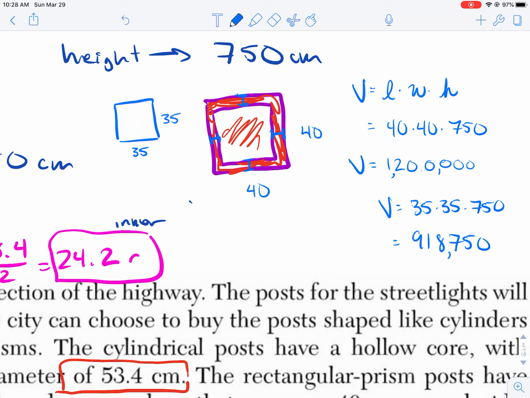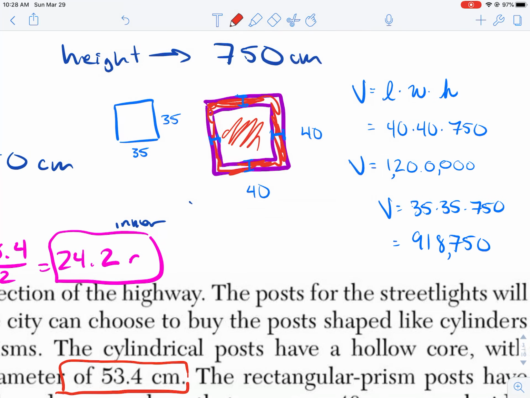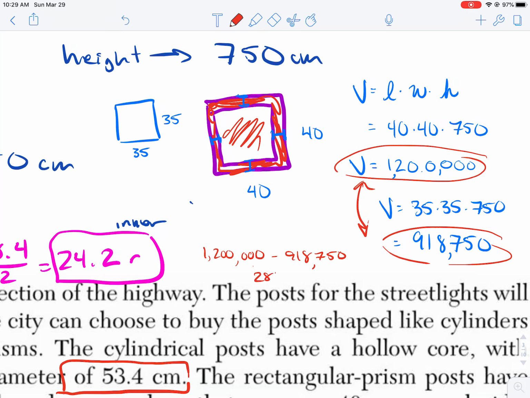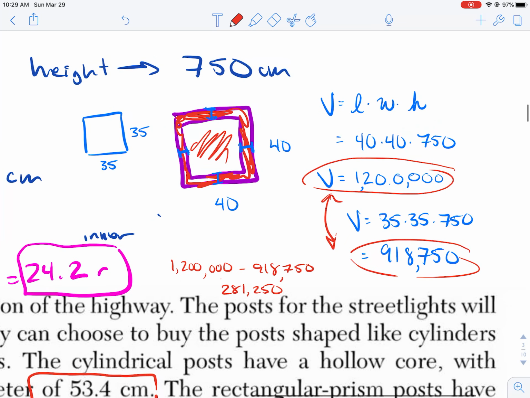In order to find what the volume is of this rectangular prism post, we would take this piece, we will subtract this piece here, and by doing so, okay, so when you subtract that, you should get 281,250.